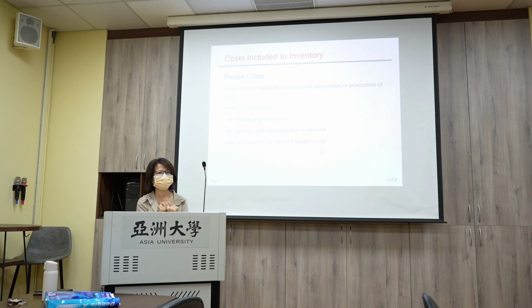So you have net sales minus cost of goods sold, and you get gross profit. A high percentage of gross profit can help the company get better net income. After gross profit, you subtract period costs, and if you need to pay income tax, you subtract income tax.